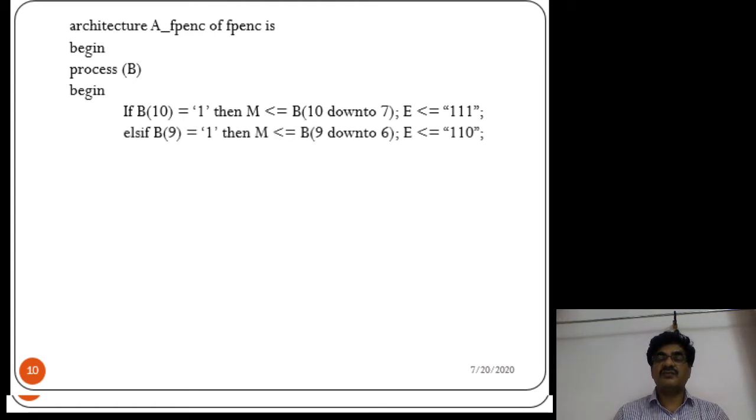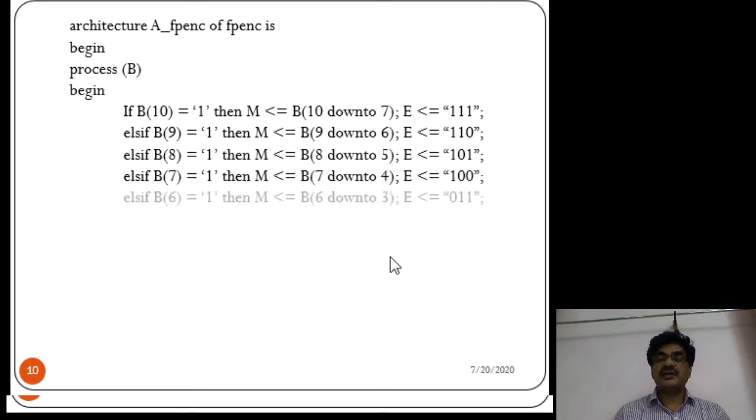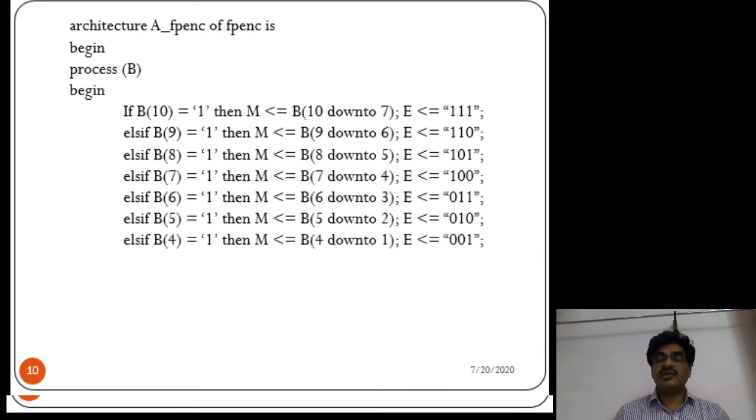Else, if B of 10 has 0, then else if B of 9 is 1, the mantissa is from 9 to 6 and the exponent is 6. Else if, check the B of 8 location data. If it is 1, from that point 4 bits, that is down to B of 5, is the mantissa, and the exponent is 5. Like that, check each and every position.